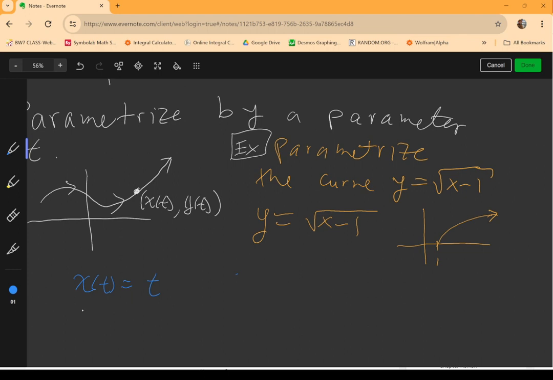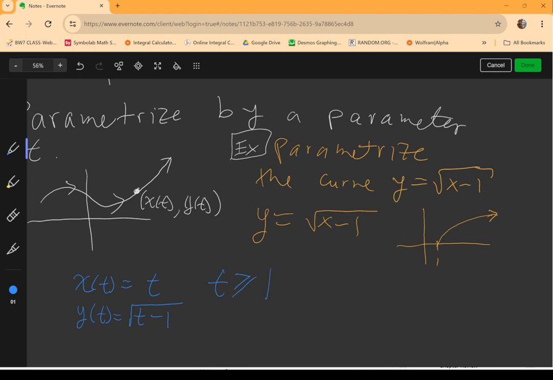Let x of t be t, and then y of t is going to be, substituting in there, the square root of t minus 1. Similar to my Cartesian equation, we do have a domain restriction. Here, x must be greater than or equal to 1. Since x is t here, t must also be greater than or equal to 1.